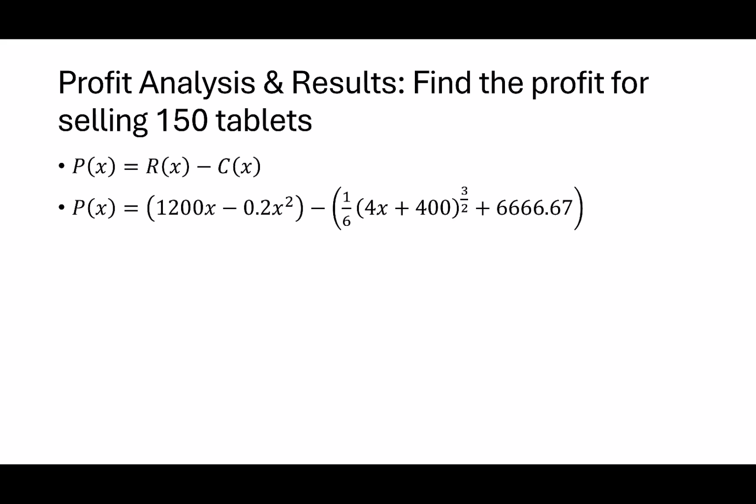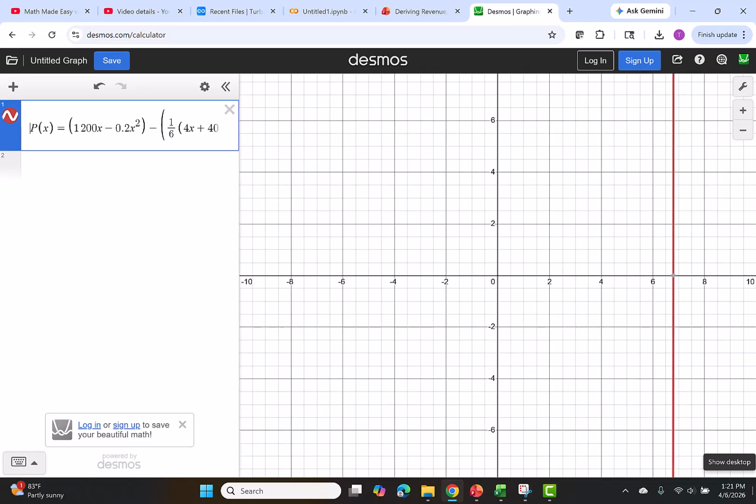Again, let's return to our calculator. In the calculator, I put in P of x equals parentheses 1200x minus 0.2x squared minus another big set of parentheses 1/6 times 4x plus 400. And notice that I put the exponent in parentheses to make sure I kept that 3/2 together. Then I have plus 6,666.67, and I close the parenthesis.